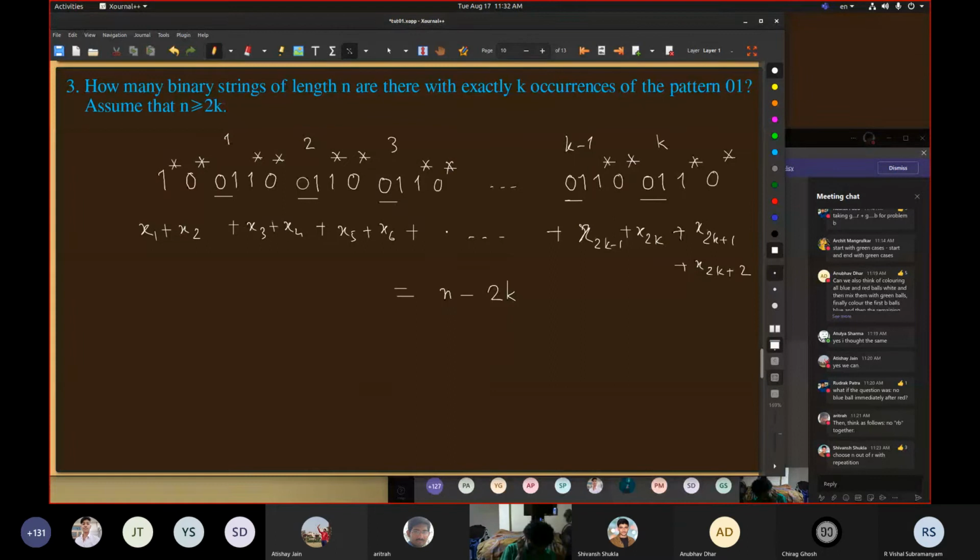And what will be the count? 2k plus 2, so n minus 2k plus 2k plus 2 minus 1. These many elements you are choosing, n minus 2k.